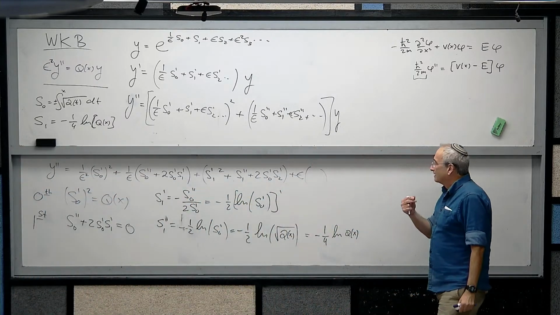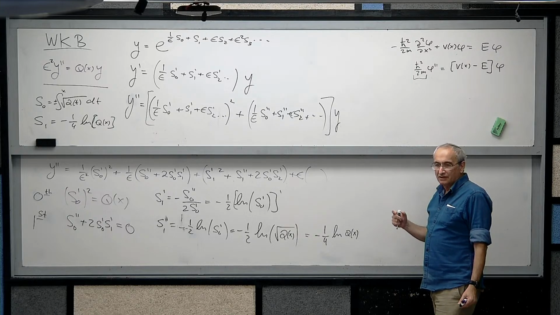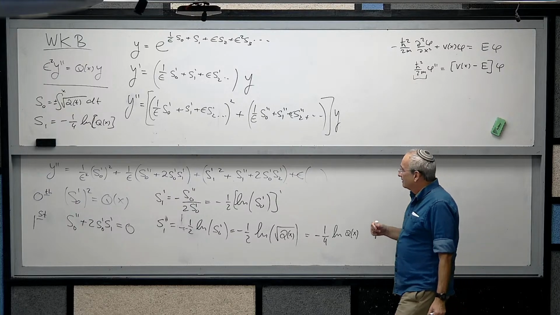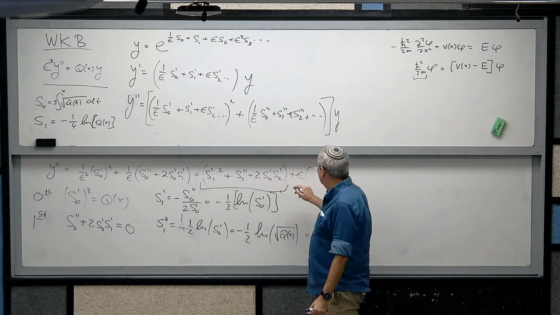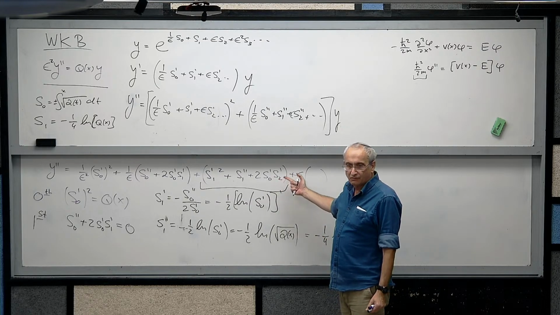And if I want to calculate S2, what should I do? Take the terms of order epsilon squared. I know S1, I know S0, and I have to solve for S2.